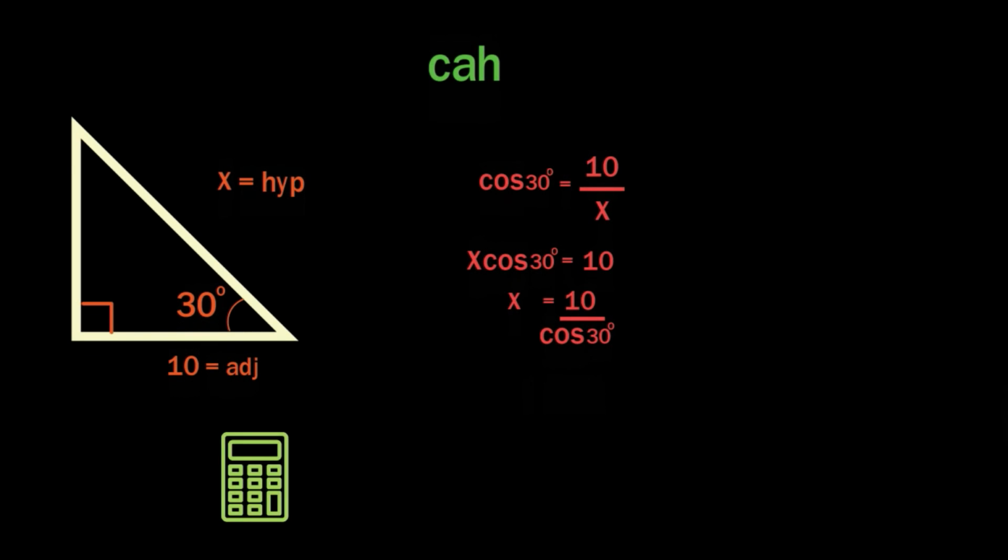Press your calculator, 10 over cosine 30, and you will get 11.547. The answer is larger than the adjacent, which is 10, so it makes sense because this is the hypotenuse.